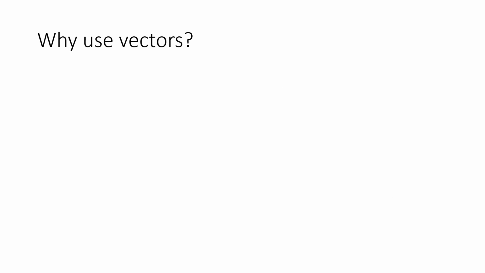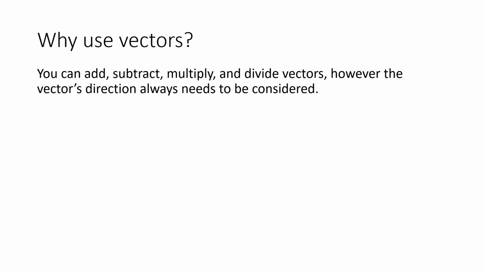Now, why do we use vectors at all? Well, I kind of touched on it a bit earlier. It's because vectors are how we describe motion. We can use vectors just like we can with scalars. So if we have however many people are in the room, I said about 50, we can just add another scalar quantity.